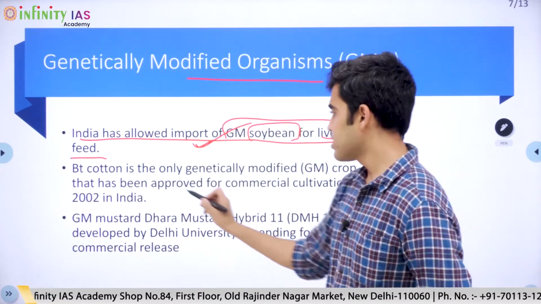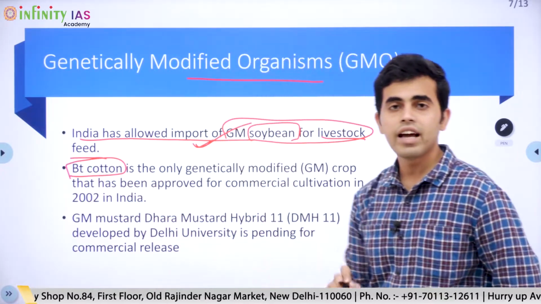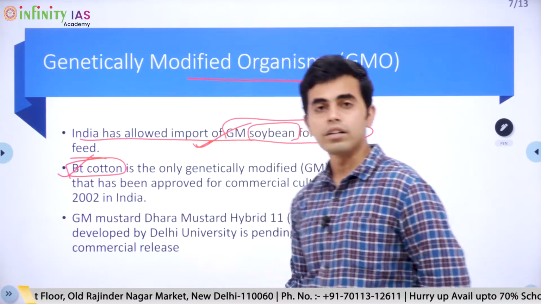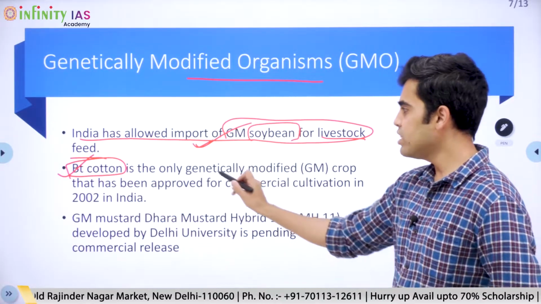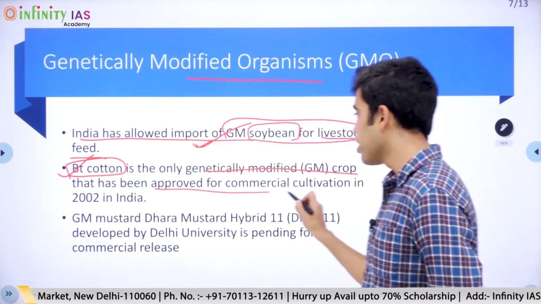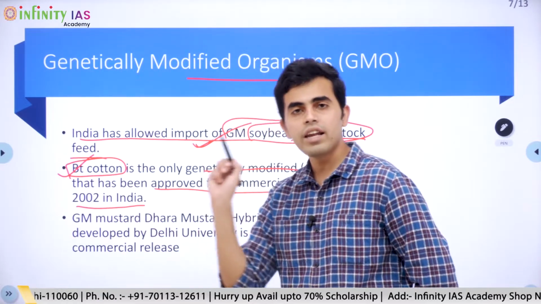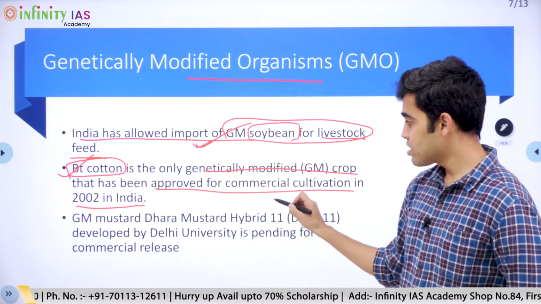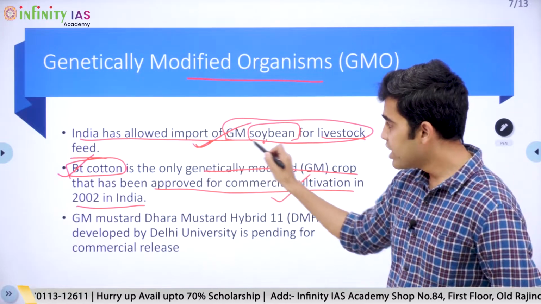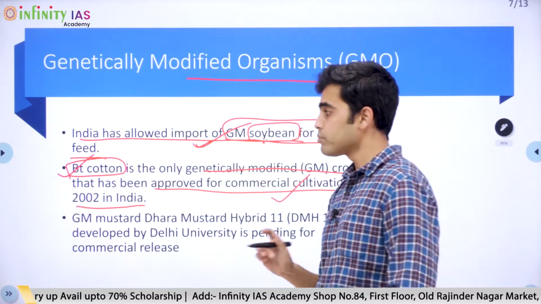What is so special is that there is only one crop that is allowed in India that is genetically modified. It is BT cotton. This is the only genetically modified crop that has been approved for commercial cultivation in 2002 in India. So this is the importance of India allowing genetically modified soybean for livestock feed.